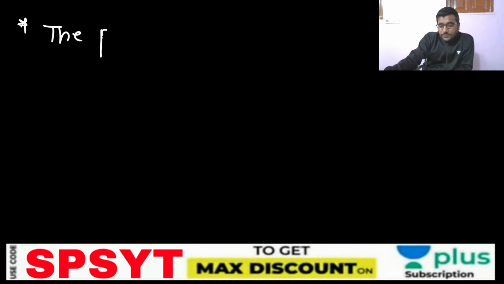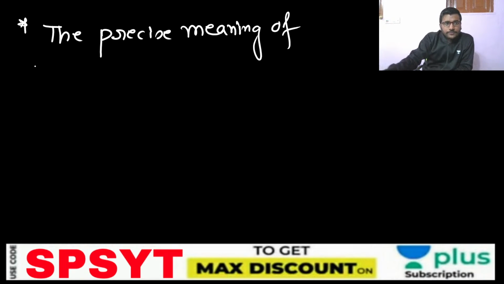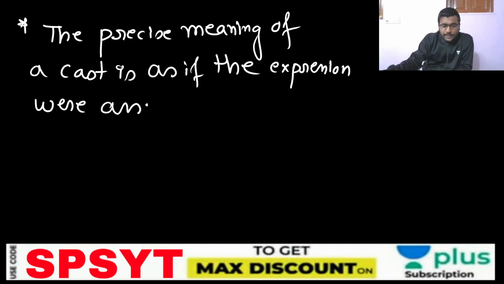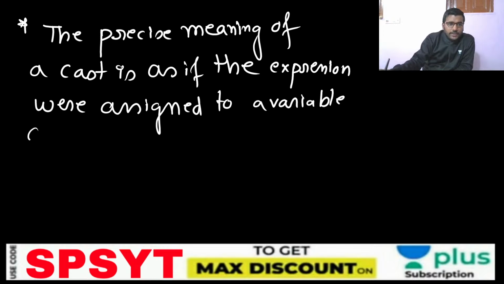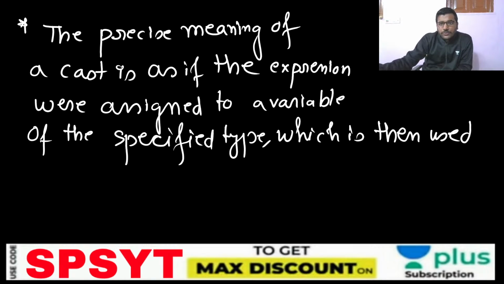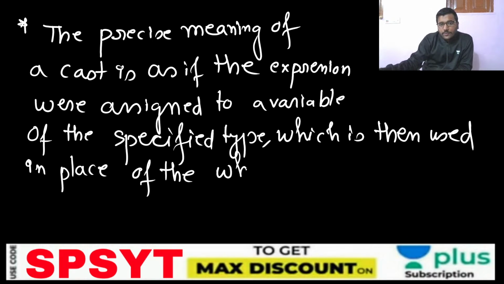Write it: the precise meaning of a cast is as if the expression were assigned to a variable of the specified type, which is then used in place of the whole construction.